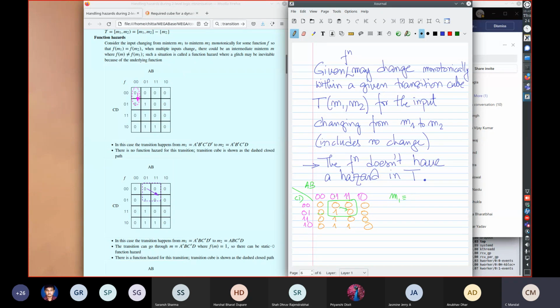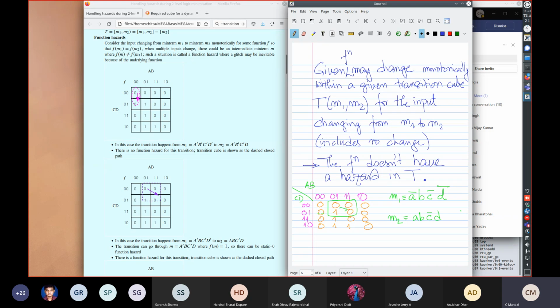So M1 corresponds to A bar B, C bar D bar, and M2, that is this one, that is AB C bar D.